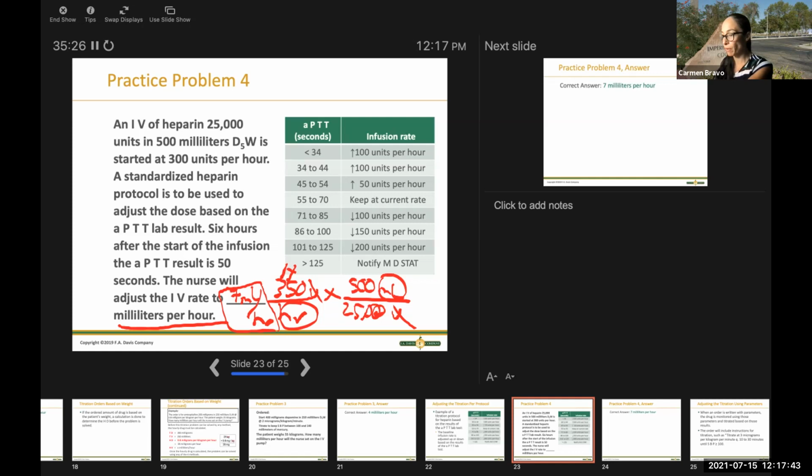So 175 divided by 25, it's going to be 7 something. Oh no, it's 7 even. So it's 7 milliliters per hour that I need to now increase the infusion.